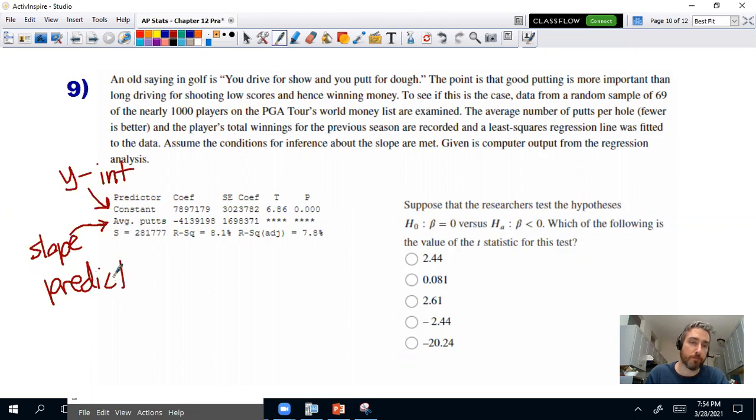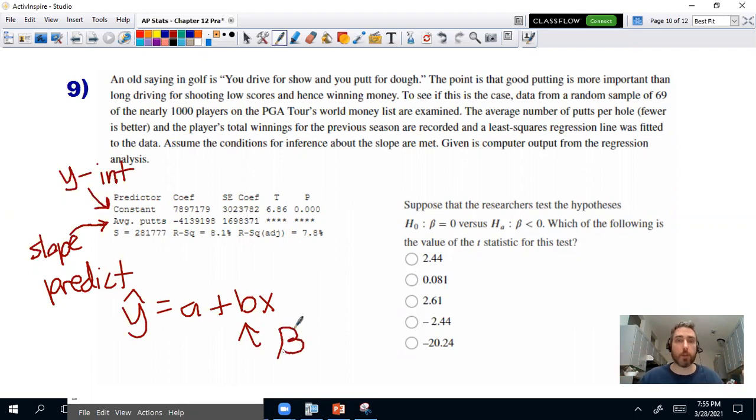When you have a set of data, you get y hat equals a plus bx. This b is your slope, but it's not necessarily the true slope. It's a sample slope. What we're trying to predict is the theoretical ideal slope that exists, and that's what beta is.